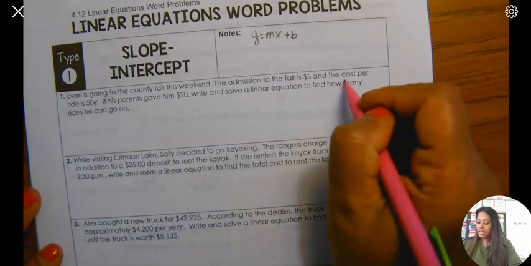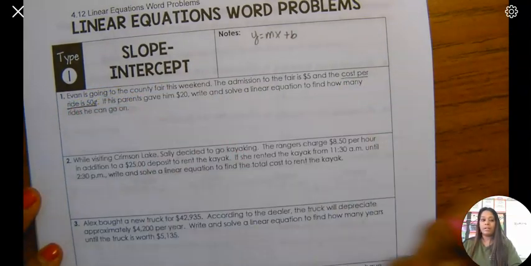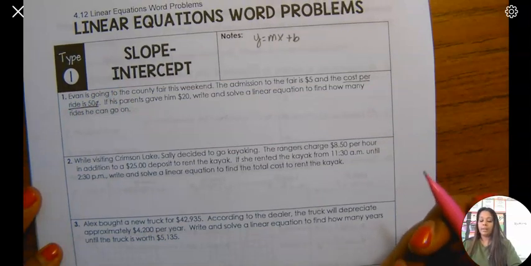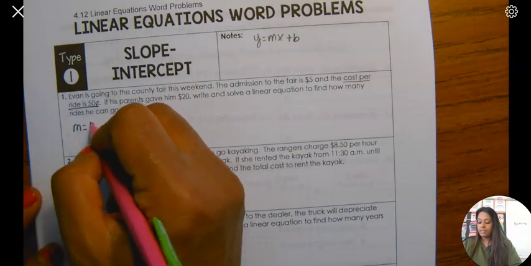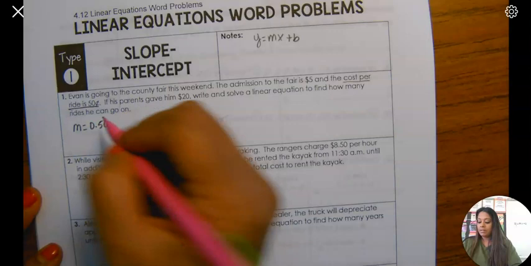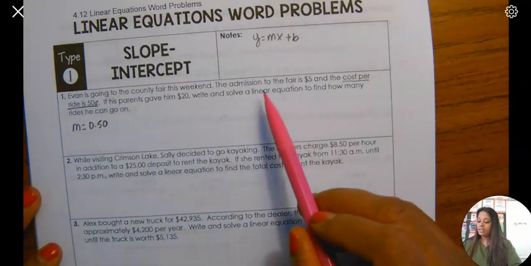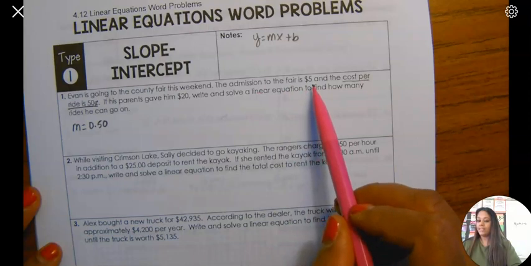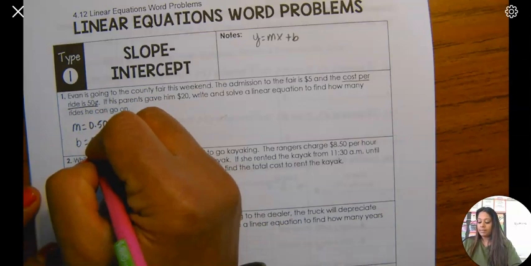So it looks like it says cost per ride. So depending on the number of rides, that's going to be my slope. So I'm just going to say slope is equal to 50 cents. I'm just going to write it as half a dollar, so 50 cents. And then it says the admissions to the fair is $5. So we're going to say that is my y-intercept.